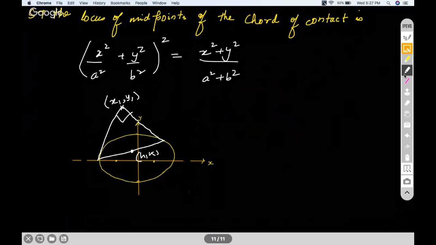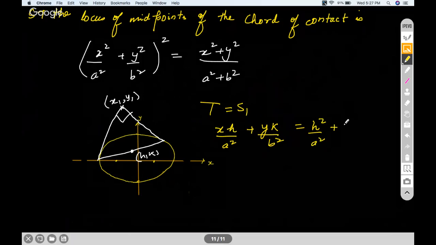So first of all, can I write down the equation of a chord whose midpoint is known to me? Of course, we can write down the equation of a chord whose midpoint is known to me as T equal to S1, right? So if you write that, you are going to get xh by a square plus yk by b square is equal to h square by a square plus k square by b square.